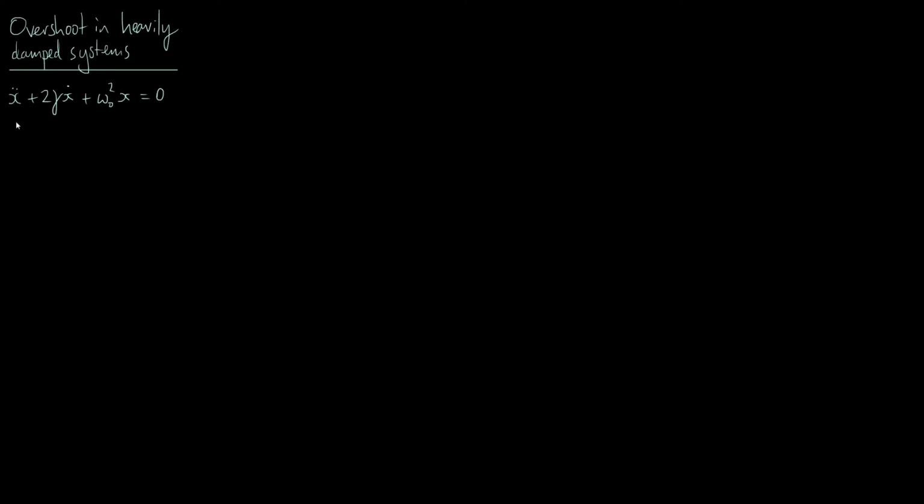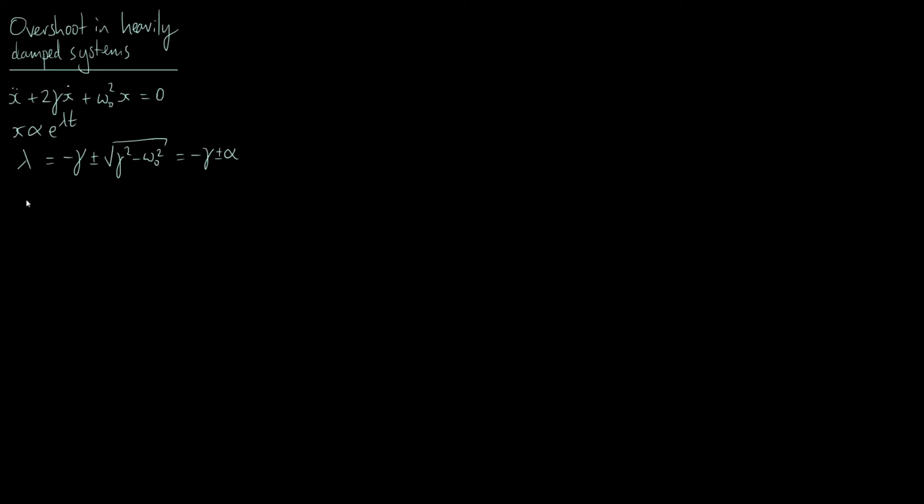And when we tried a solution x proportional to e to the lambda t, we found that lambda has to be minus gamma plus or minus the square root of gamma squared minus omega naught squared. I'm going to write this solution as minus gamma plus or minus alpha, just for ease of notation. I've defined alpha to be the square root of gamma squared minus omega naught squared.